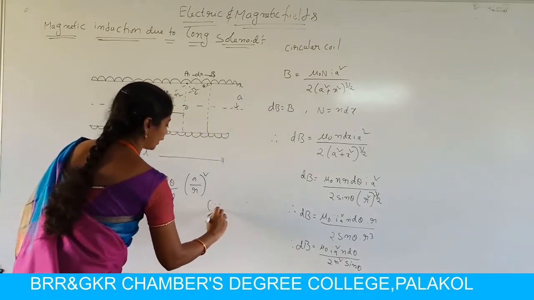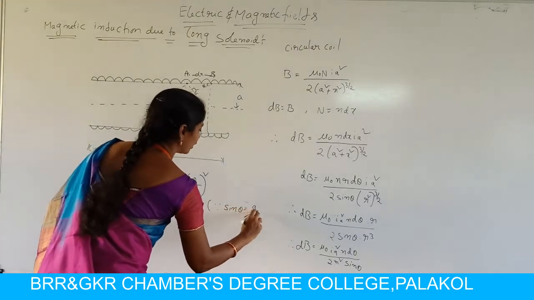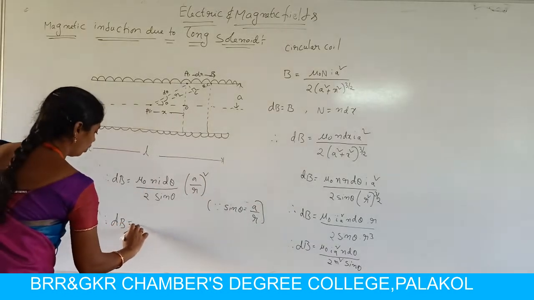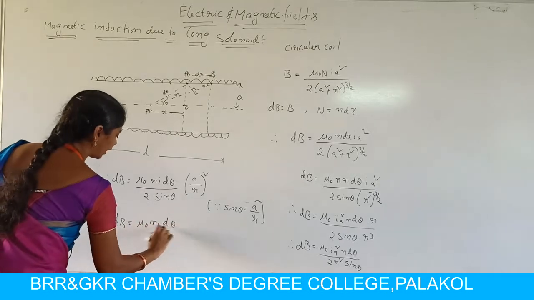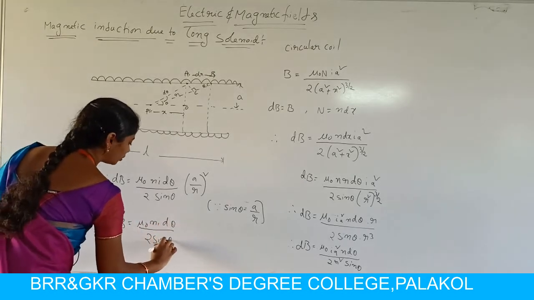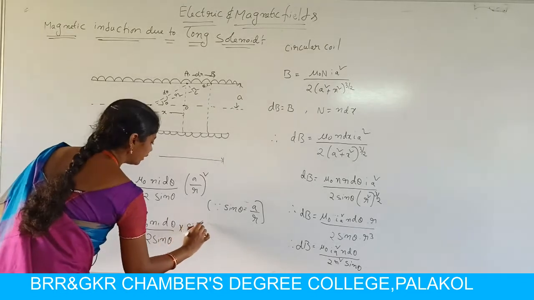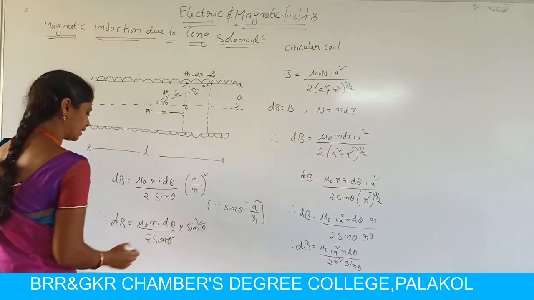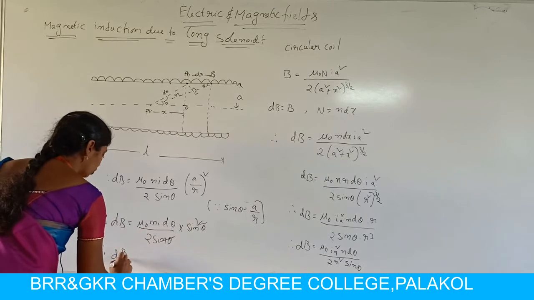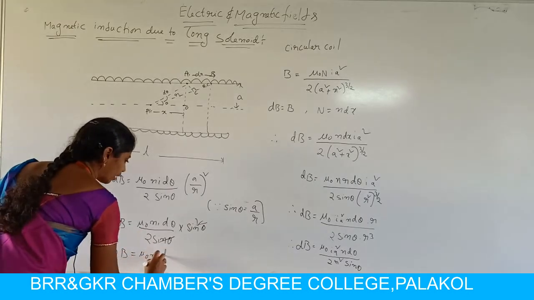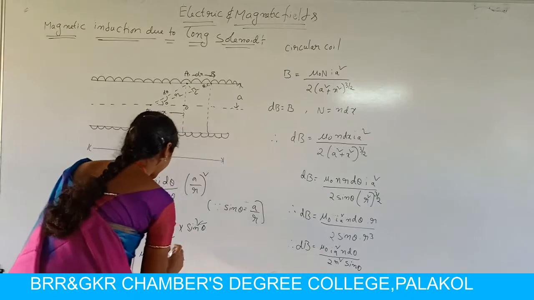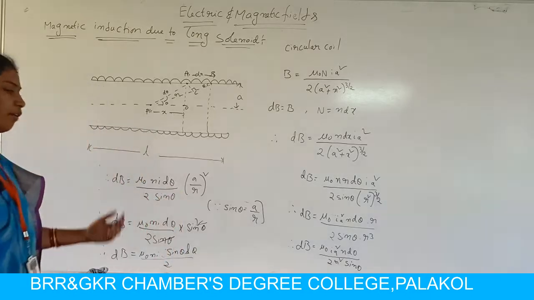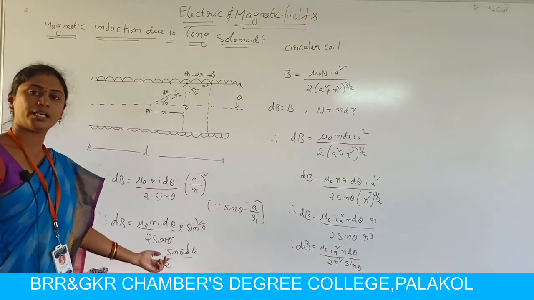So substituting sin theta for a by r in the above expression, dB is equivalent to mu naught n I d theta by 2 sin theta into sin square theta. Cancelling sin theta in the numerator and denominator, we have dB equal to mu naught n I sin theta d theta by 2.